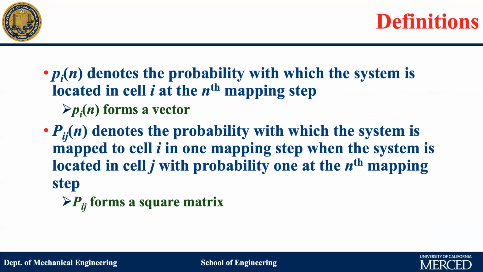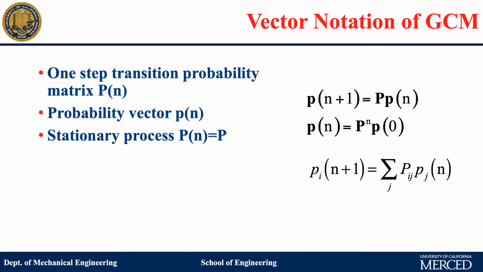So here are some definitions of the generalized mapping, like the probability vector in the state space, and also the one-step transition probability. Once you define those vectors, then assuming the process is stationary, the transition probability matrix will be a constant matrix.